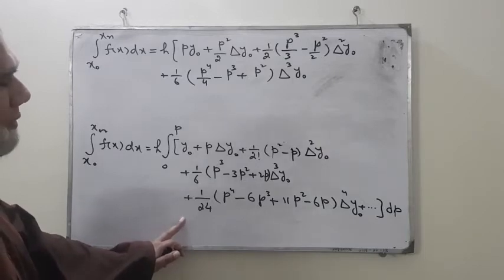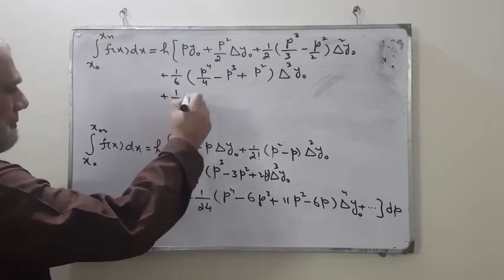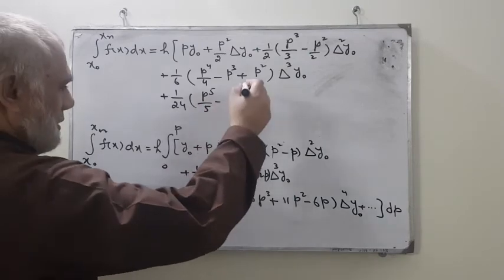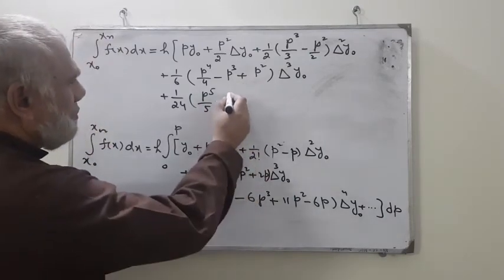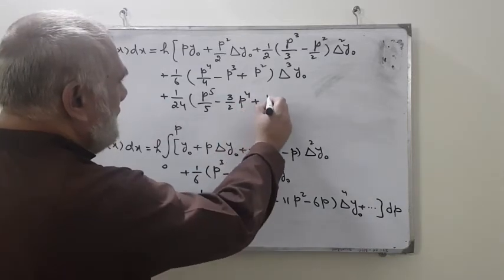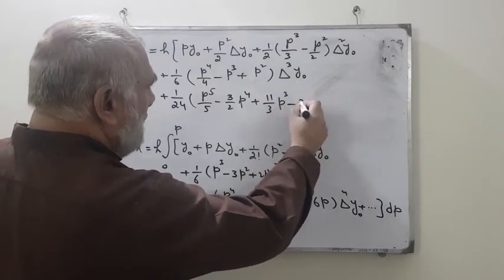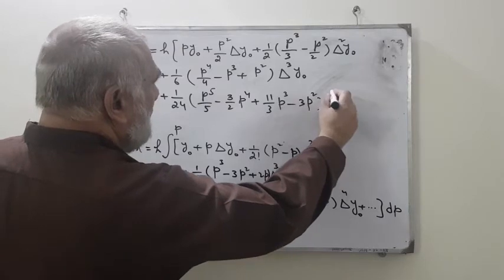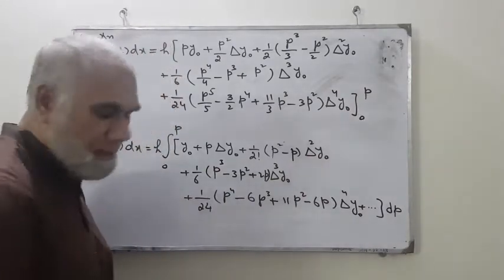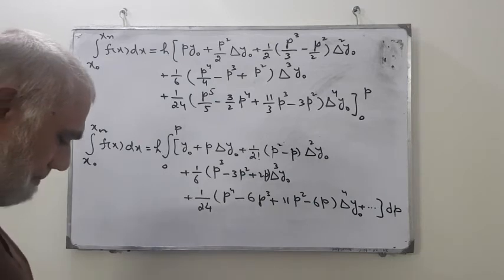The next term, whenever you integrate, will give you 1 by 24 into p5 by 5 minus 3 by 2 p4 plus 11 by 3 p cube minus 3 p square, and del 4 y0. So this is the output after integration, and we get this result so far.